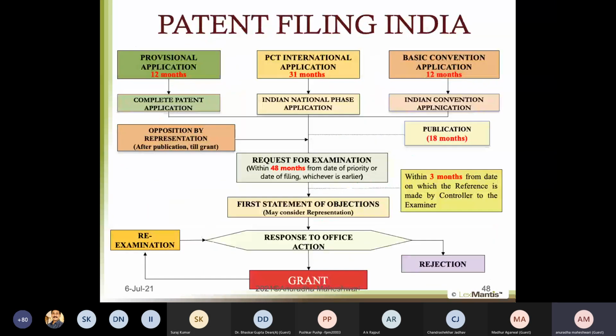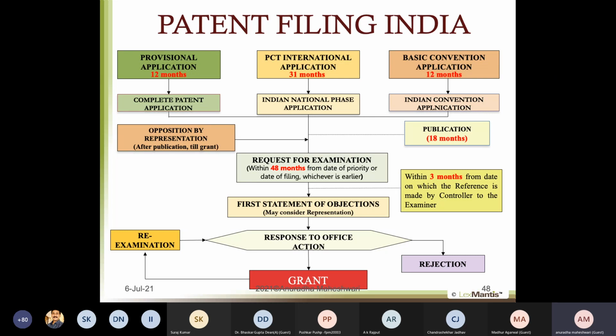With this, I'm going to give you a snapshot of patent filing in India. I believe that others will take you through it in greater detail. This is the provisional application, which goes on to the complete patent application. Then it goes to request for examination of the patent, which must be made within 48 months. Then there is a first statement of objections, which we call the first examination report.